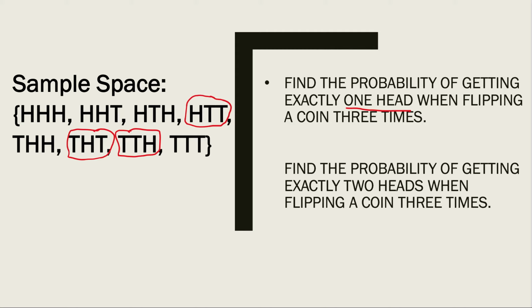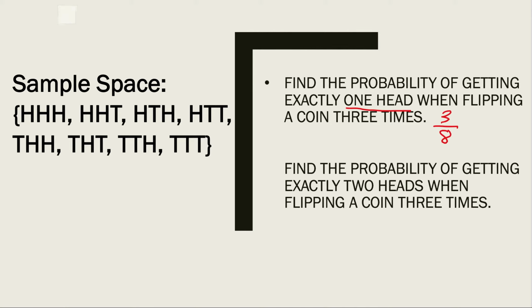And so we have 3 outcomes that are favorable. How many outcomes are possible? Remember that to do the possible number of outcomes, you are simply going to count the number of outcomes in your sample space. So we go through and we count 1, 2, 3, 4, 5, 6, 7, 8, and 8 goes on the bottom.